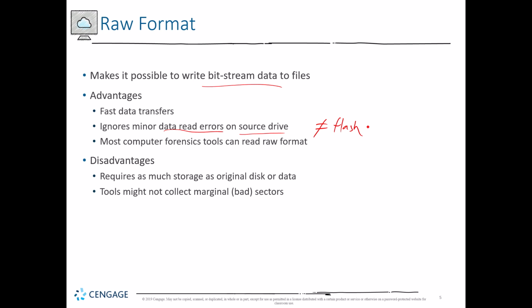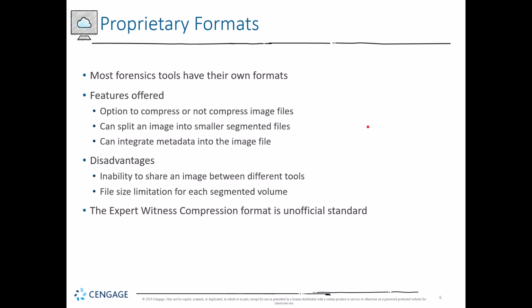As well, tools might not collect the bad portions of the drive or the sectors. Again, that goes back to the validity of the source evidence versus the cloned copy, the original versus the cloned copy we'll be working off of.